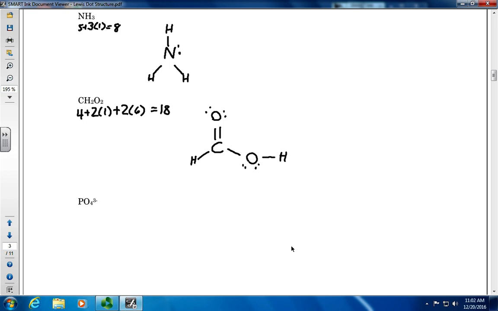This does take some practice. I'm not expecting you to fully grasp it just looking at it, but that's really what this whole thing is. It's just to give you a basis, but take some time and practice these. Choose some random molecules. Don't get too crazy. Don't choose something that has more elements than you care to deal with.